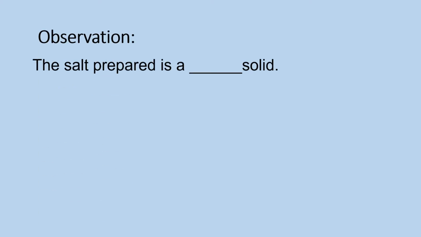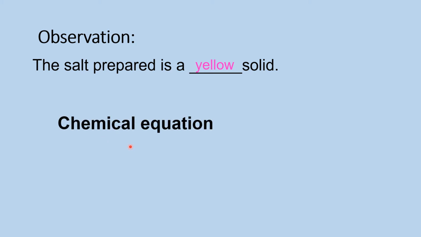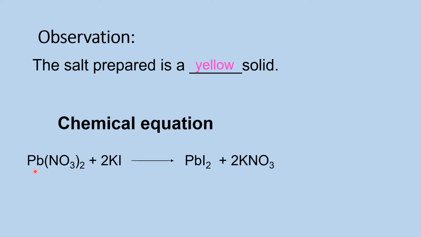Okay. Observation, the salt prepared is a yellow solid, like previously we have done last week. So the chemical equation: lead nitrate, Pb(NO3)2, reacts with 2 potassium iodide, you will produce lead iodide and 2 potassium nitrate.